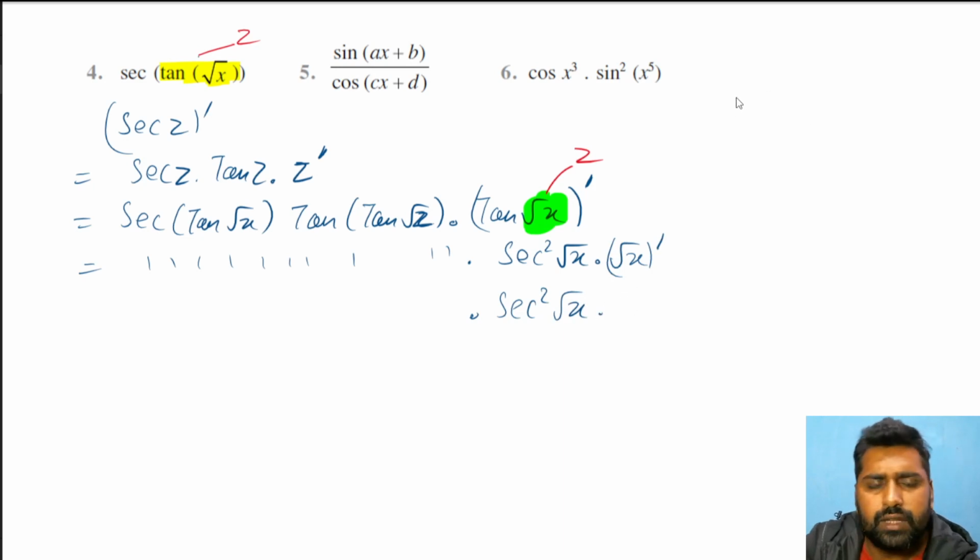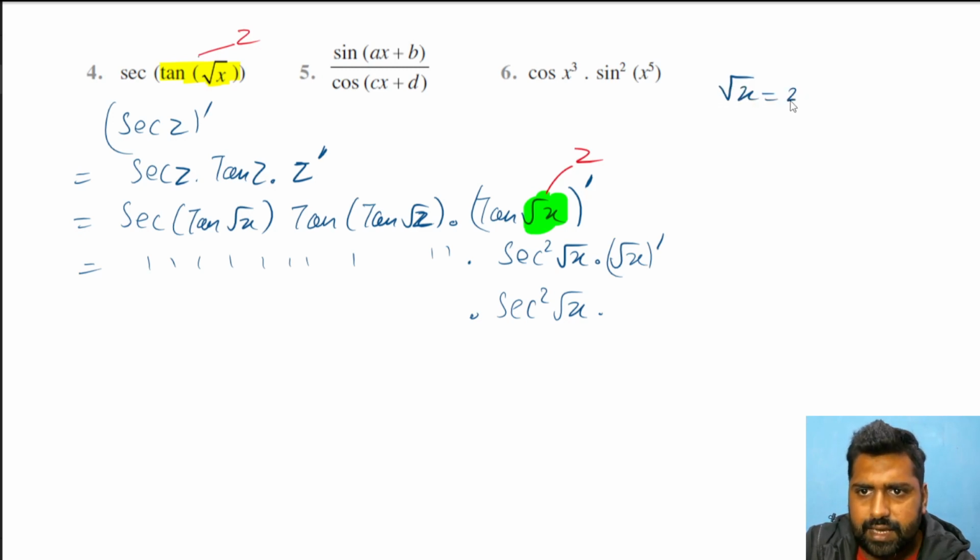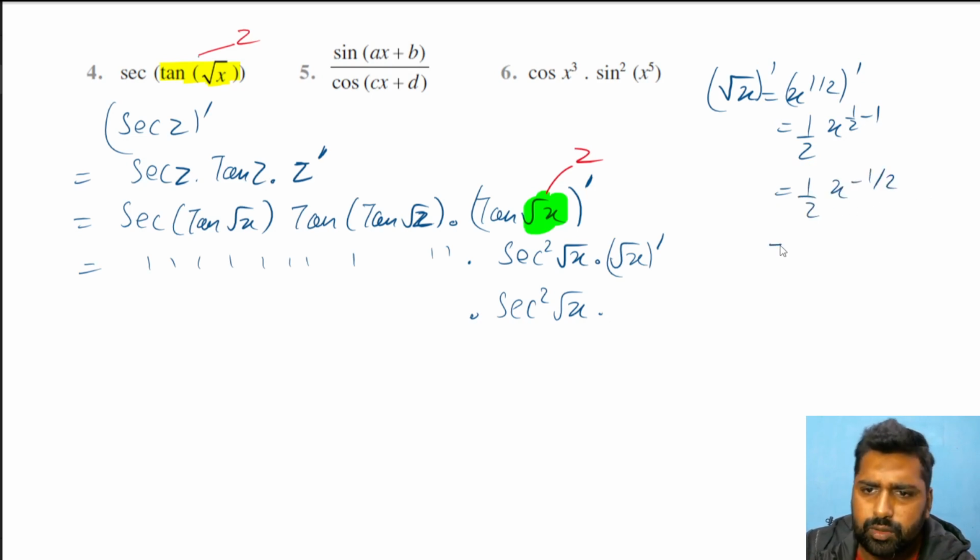I'll show it one time, then I'll ask you to learn this differentiation, because square root you have to differentiate a lot of times. So root x is basically x raised to power 1 by 2. So the differentiation is power 1 by 2 comes down, x raised to power 1 by 2 minus 1. So 1 by 2 x raised to power minus 1 by 2. 1 minus 1 by 2 means 1 upon. So 1 by 2 x raised to power 1 by 2. That is 1 by 2 root x.